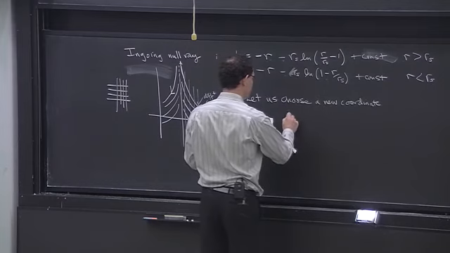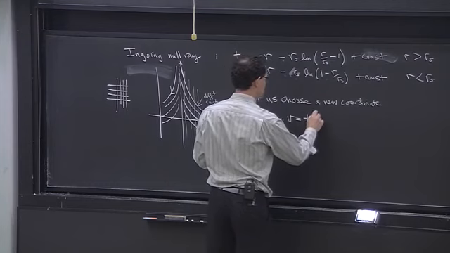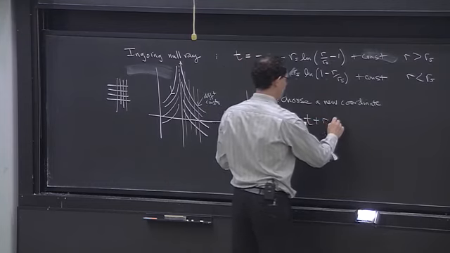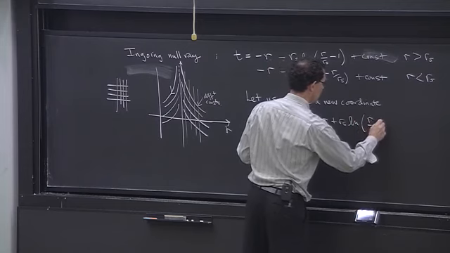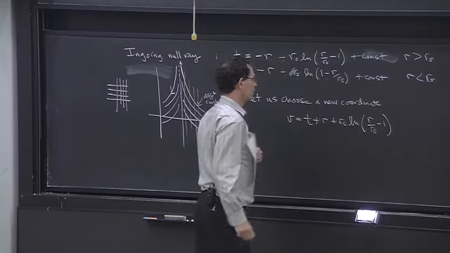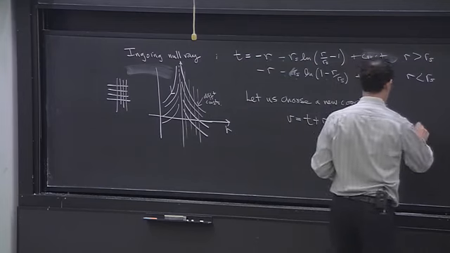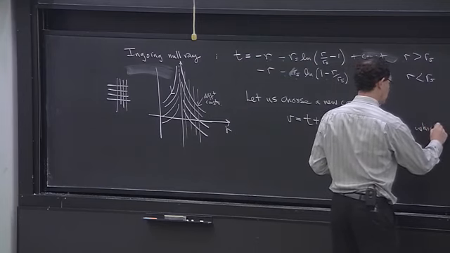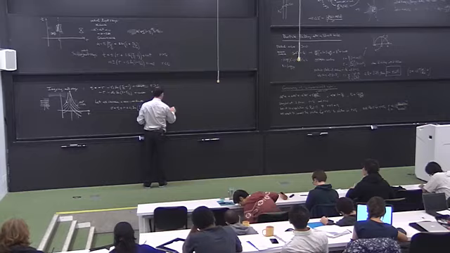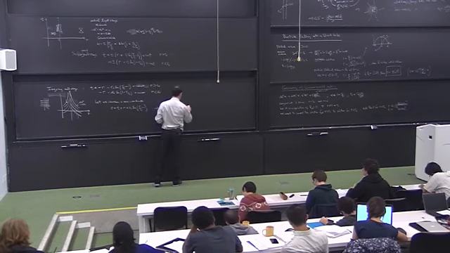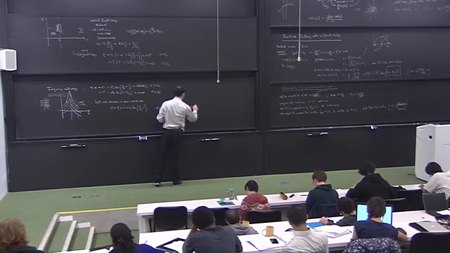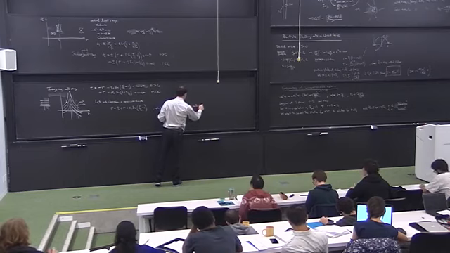Okay, so we choose this constant in effect to be the new coordinate. So let's define v equal to t plus r plus rs log (r over rs minus 1), which is constant on ingoing null rays.